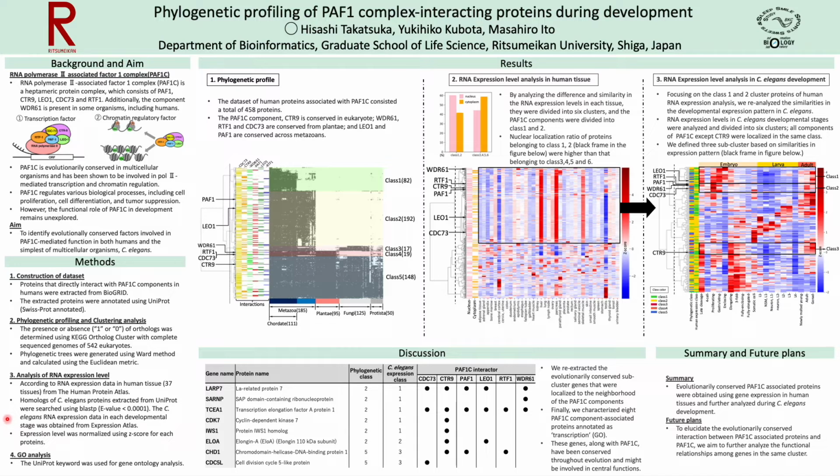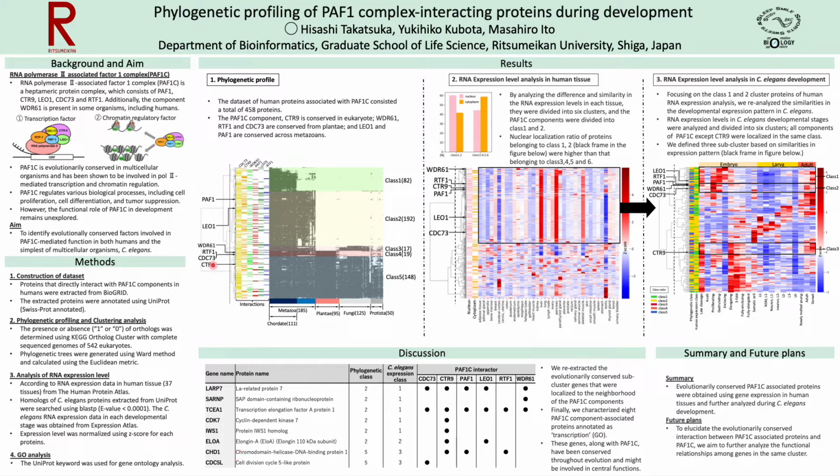These expression levels were normalized using Z-score for each protein and clustered using a similar method to the phylogenetic profiles. Finally, cellular component and biological process annotation was obtained using UniProt keywords.